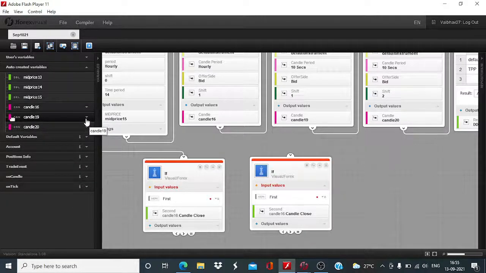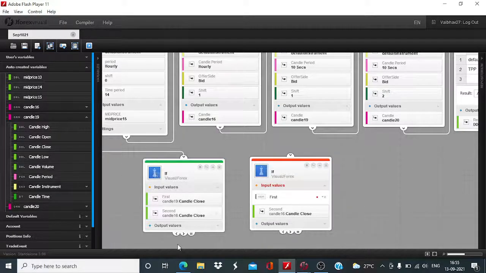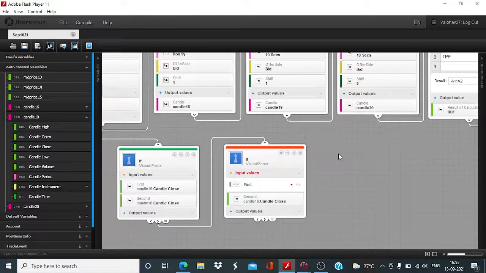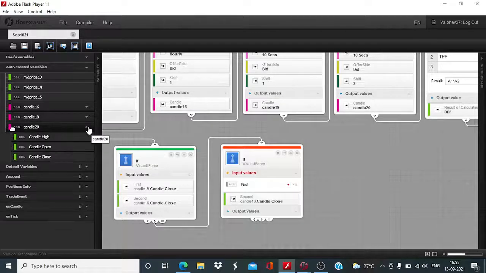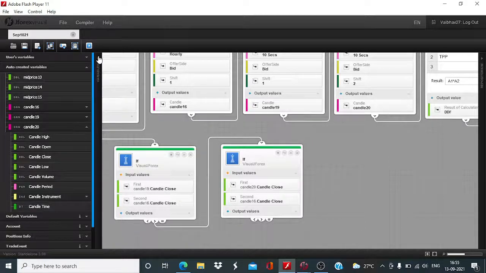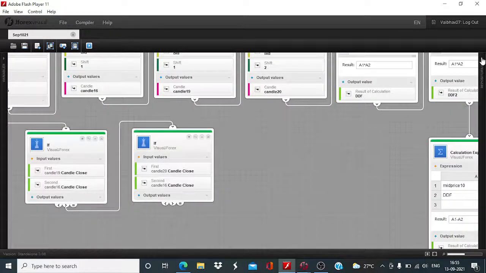and candle 19 candle close needs to be higher. So first input greater than second input, and this one, candle 20 candle close, should have been less, and after this we bring in the pending open.